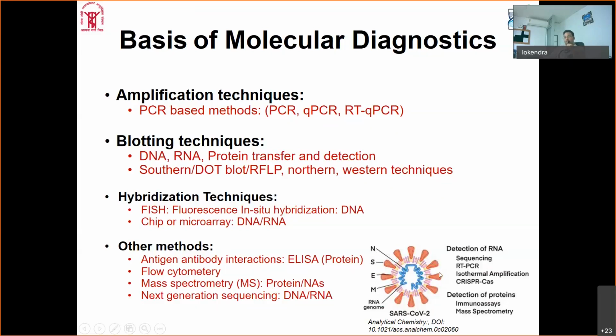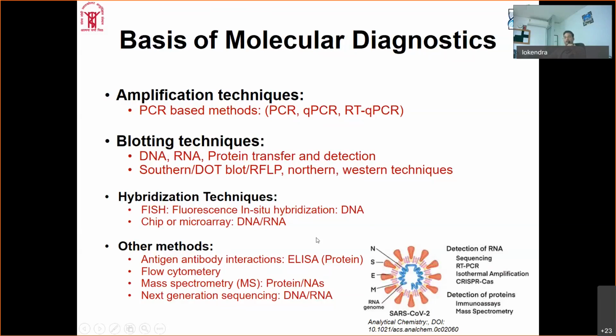So these are various indicators that can be used by various molecular diagnostic techniques, either to detect RNA, for example, by sequencing method, by RT-PCR, and there are various advancements nowadays in the methods by which you can detect or identify the presence of viral genome, mainly the RNA. And these various proteins can also be used to develop immunoassays, or can be used with the help of mass spectrometry to identify whether they have the presence of this virus or not.